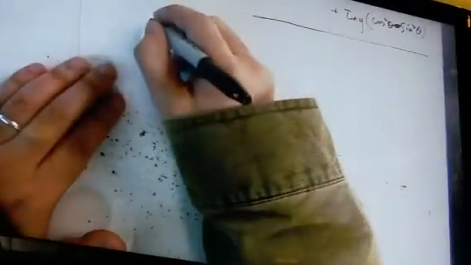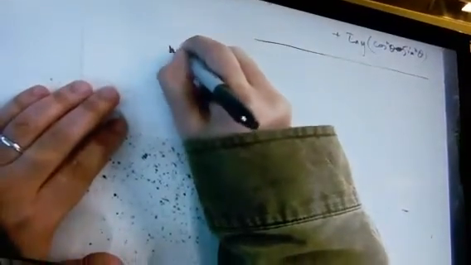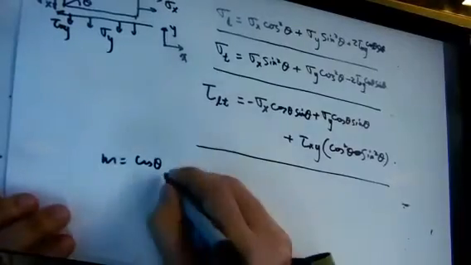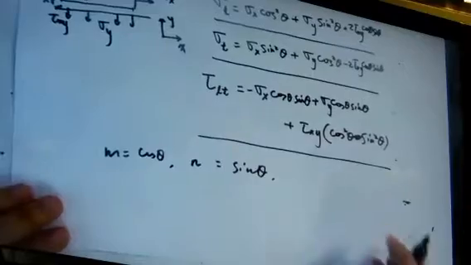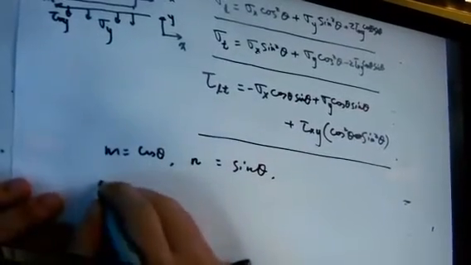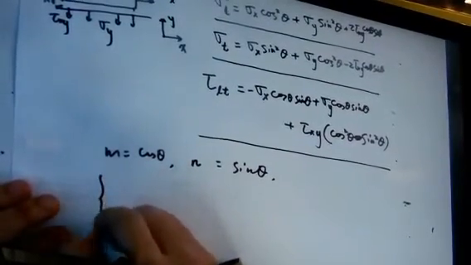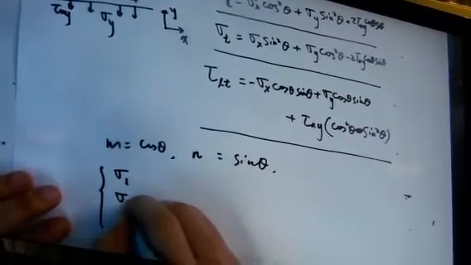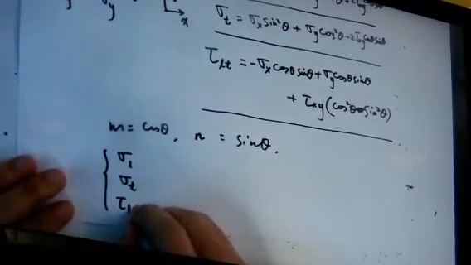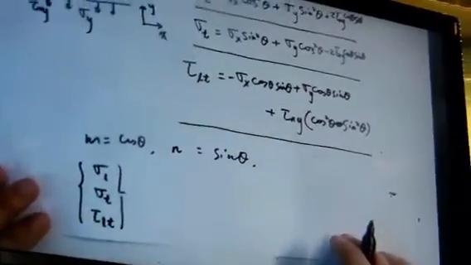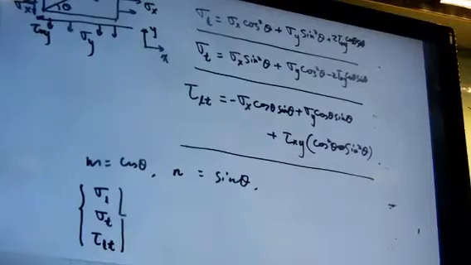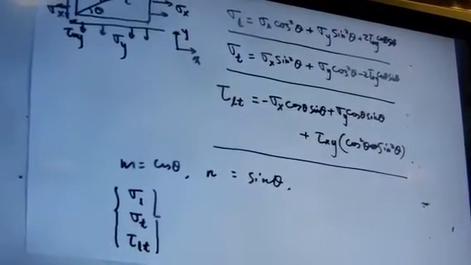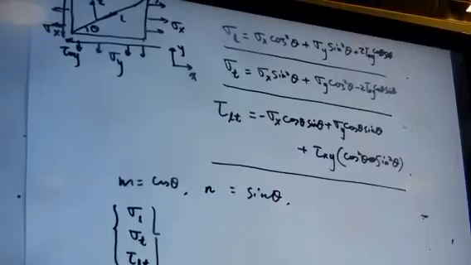And then if we define m equals cosine theta, n equals sine theta, then you will have sigma L, sigma T, tau LT. I'm going to reorganize those three equations into a matrix form, and meanwhile replace cosine theta with m and sine theta with n.